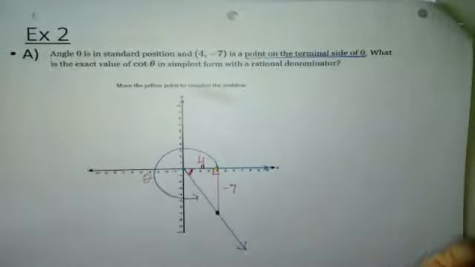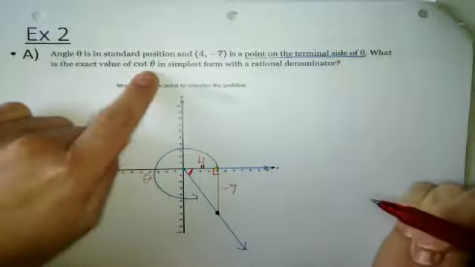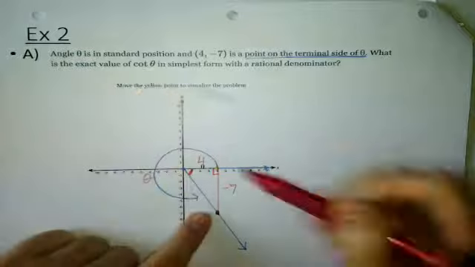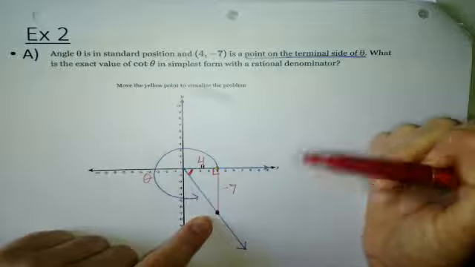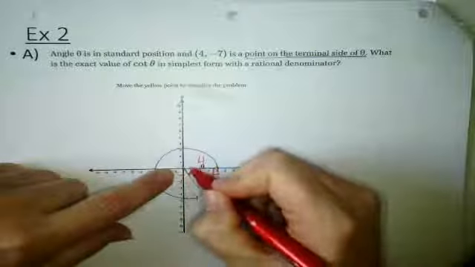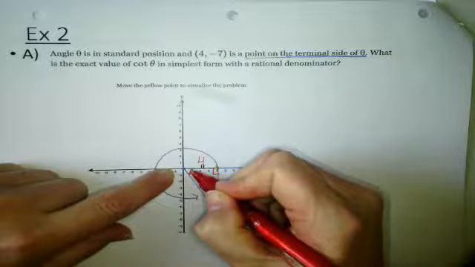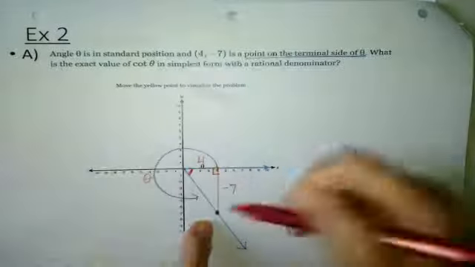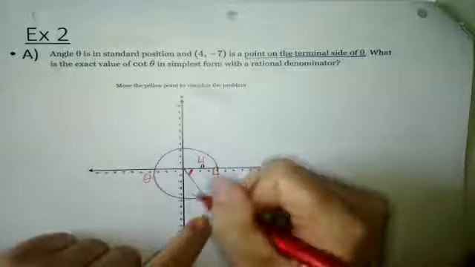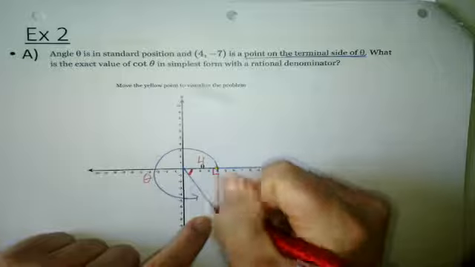So the question is, we have to find the cotangent of theta in simplest form. Well, in order to do that, this is not on the unit circle. Our unit circle has a radius of 1, right? All right. So this is way bigger than a unit circle. So we actually do need to know this third side.